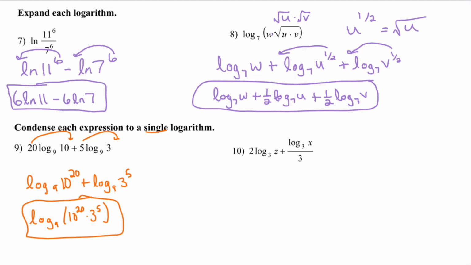Now this is interesting on number 10. We've got log base 3 of x over 3, and you might be thinking, oh yeah, division. That means I'm going to switch it to subtraction, right? But no, that is not right. We are trying to condense these, so we would move the 2 back to where z is, so that it is z squared.